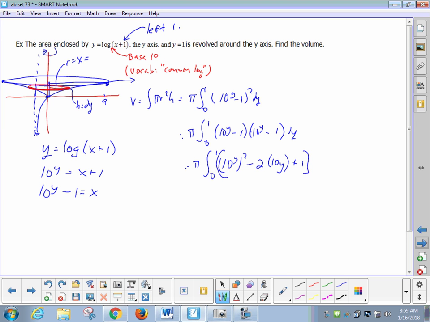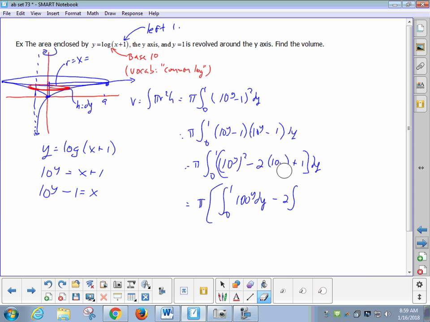I still say calculator is unnecessary. Pi, the integral from 0 to 1 of, what's the way to rewrite that? 100 to the y dy minus 2 times the integral of 10 to the y dy plus 1 dy. Okay?